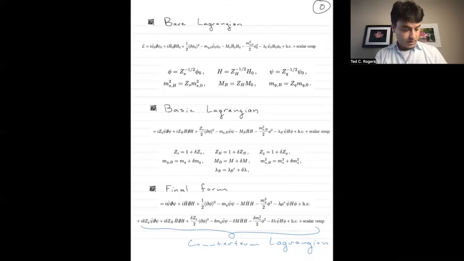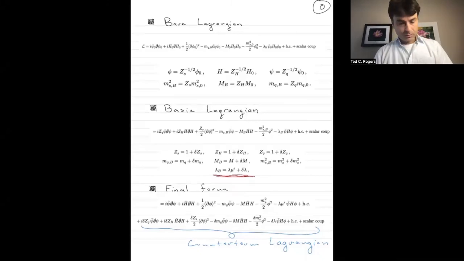Okay, so we have here the relationship between lambda B and these things. But of course, we don't want the relationship between lambda B, lambda basic, and lambda. We want the relationship between lambda bare, the bare lambda subscript 0, and lambda.